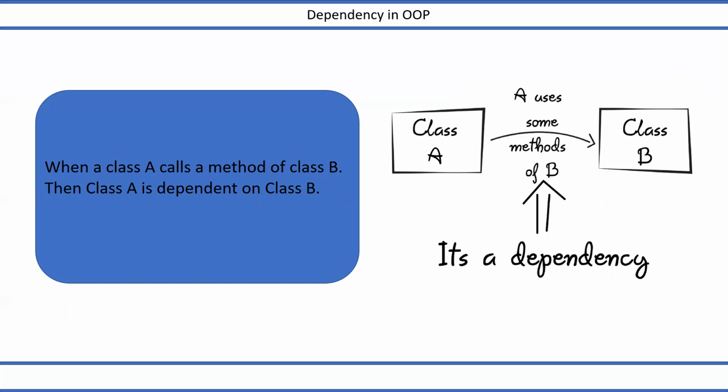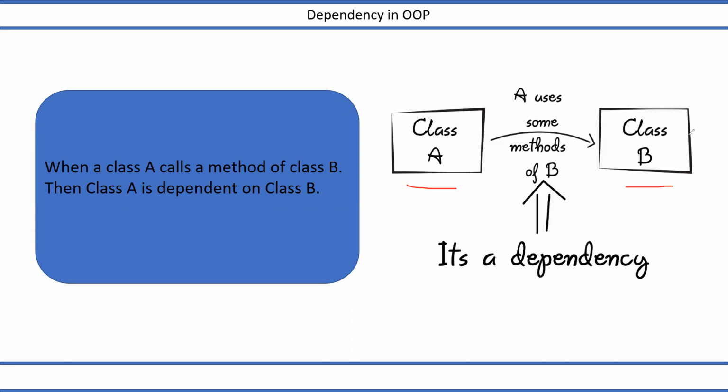An example, as you can tell from what you're seeing right now, is that we have class A here, and then we have class B here.